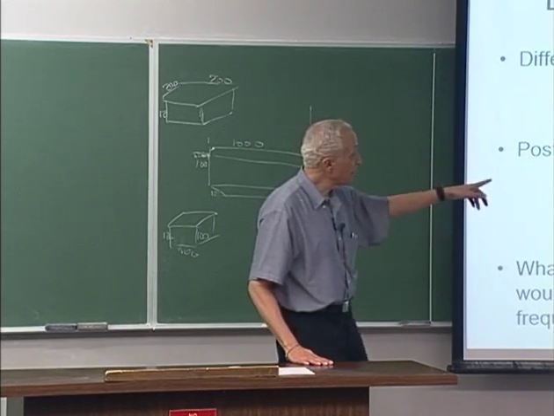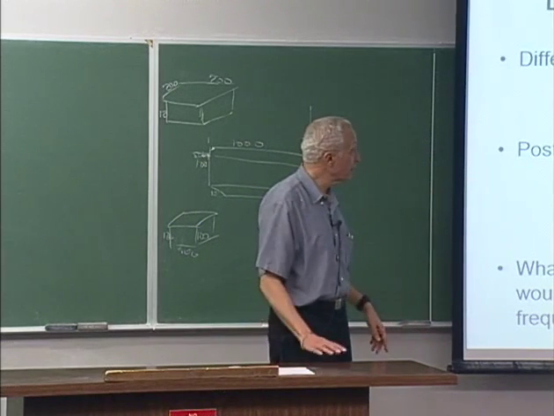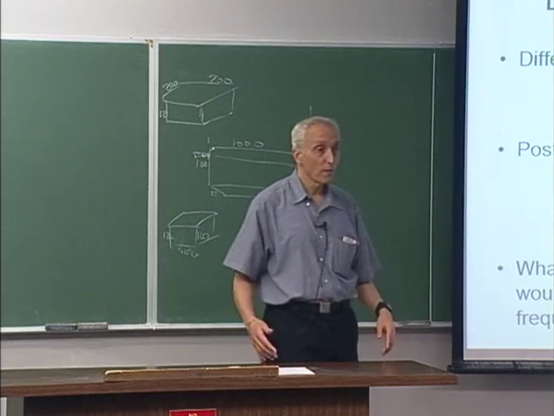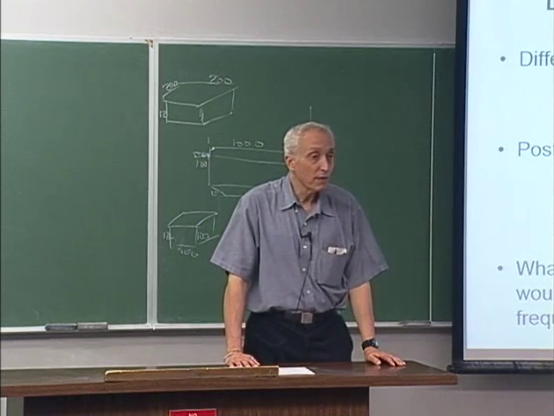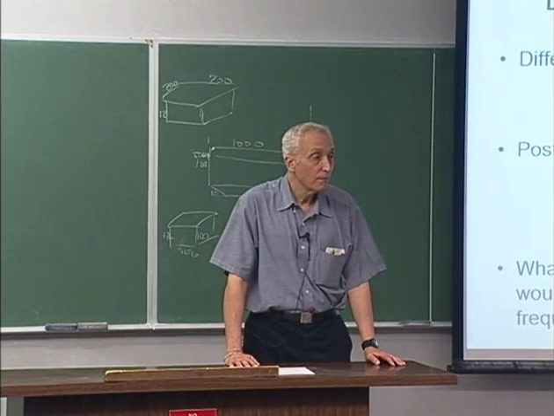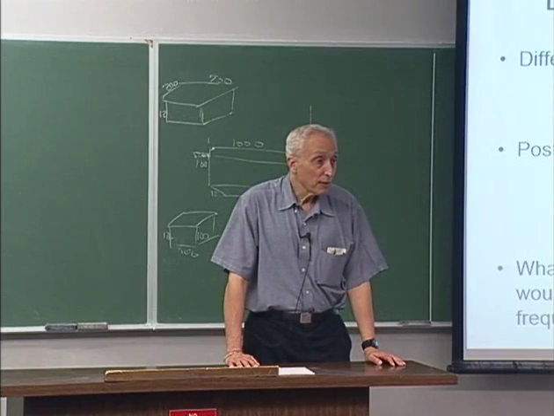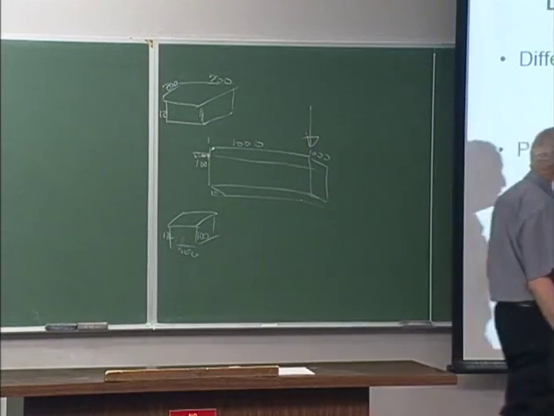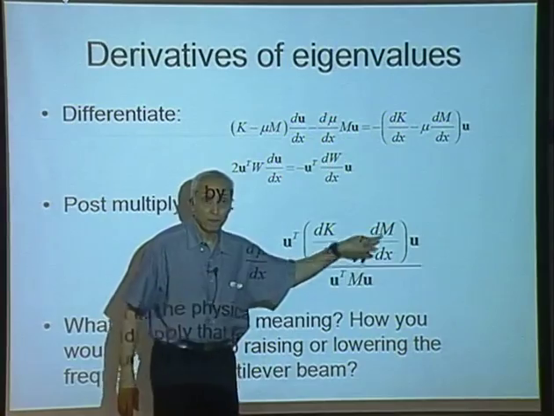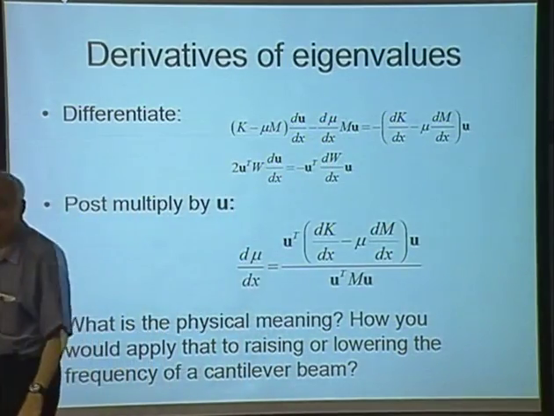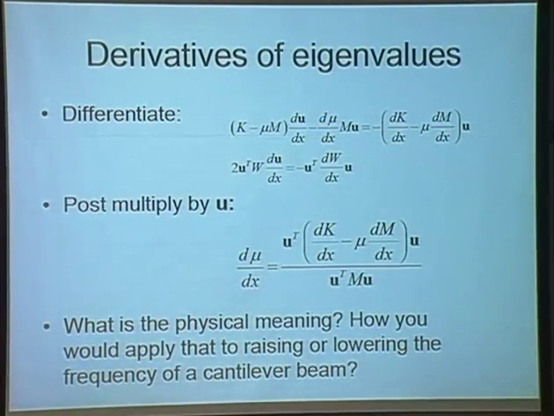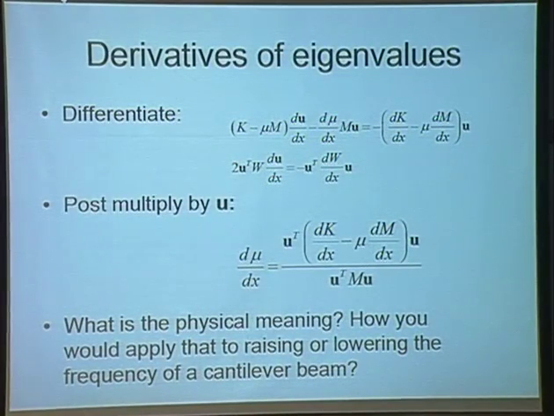The other term is mu times dM/dx, and U transpose dM/dx U, or delta M. What does that measure? This is a bit less apparent, but think about the fact that we are doing harmonic motion. It's kinetic energy. That is, what we'll have here is omega squared delta M, and U times omega is really the velocity.